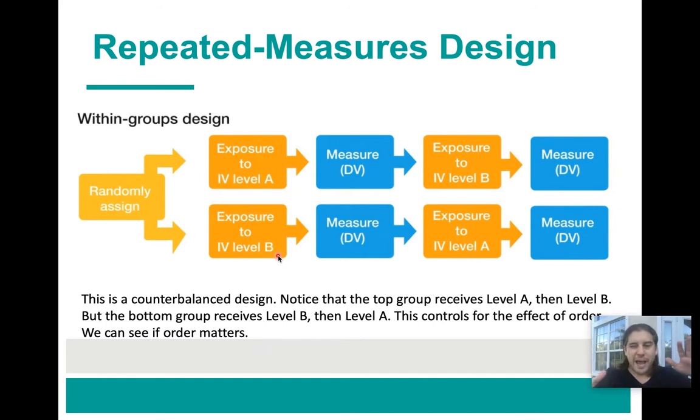So we sort of balance out the effect of order by having multiple groups engage in different orders of the independent variable. So this helps us control for those order effects and will help us ultimately statistically parse them out and be confident in our internal validity of our manipulation of the experiment.